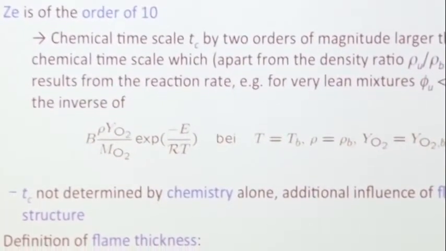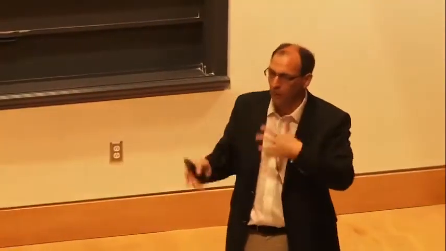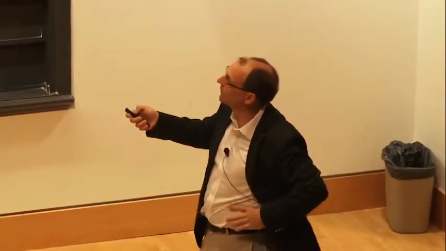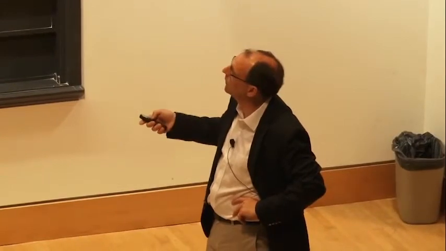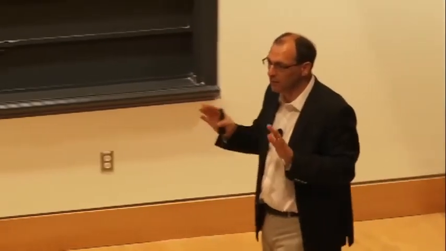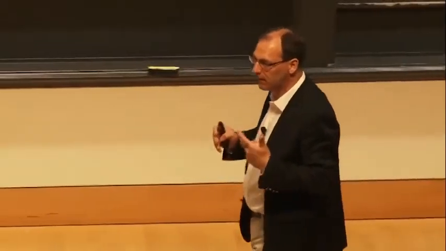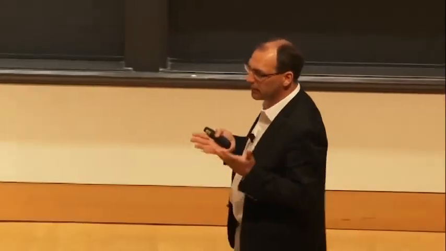So the difference between the real chemical timescale that we just computed with a full analysis and a naively formed chemical timescale just from looking at the reaction rate is about a factor of 100. Okay? And so this shows you that just a naive way of defining this timescale is not right.